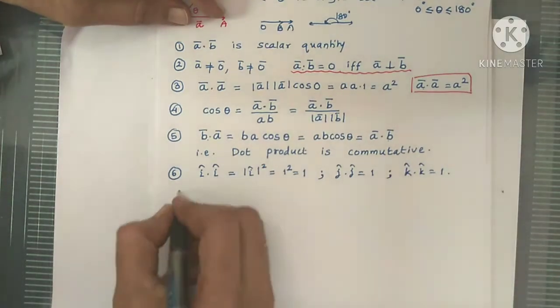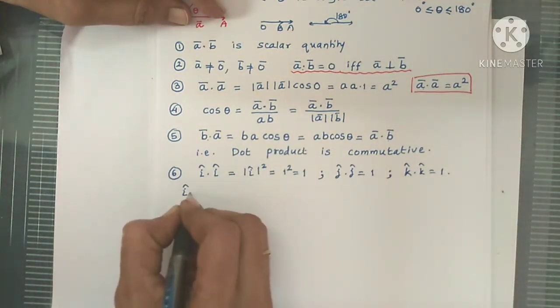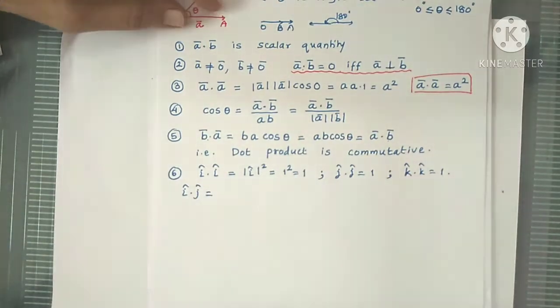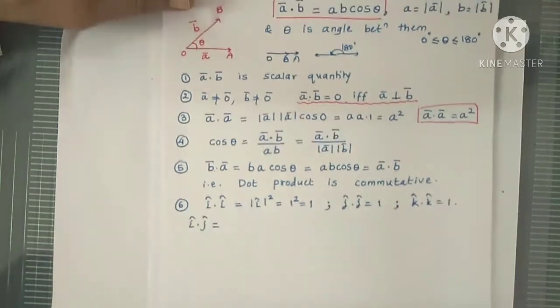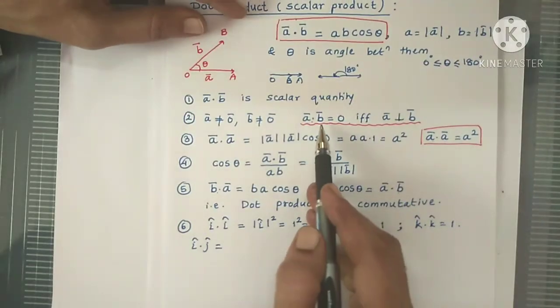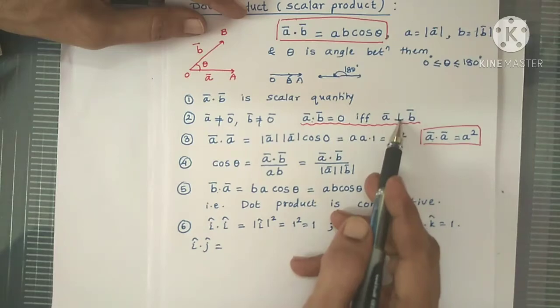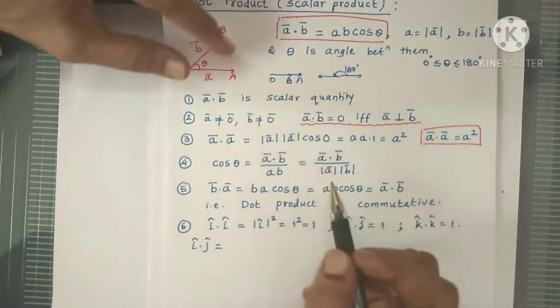Okay. Now if we take two different vectors from i, j, k, for example i dot j, then these are mutually perpendicular unit vectors. And in the second result, we have learned that if two vectors are perpendicular, then their dot product is 0.